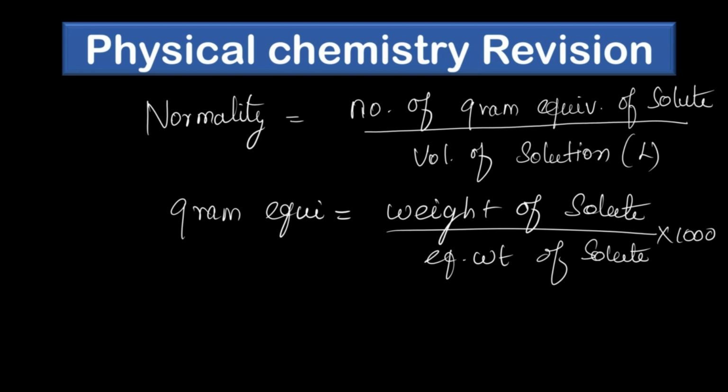Okay, if they are asking for milli equivalents, you can put 1000. If that is just for grams, you need not put 1000. So the milli equivalents, the same thing, weight of the solute divided by equivalent weight of the solute into 1000. Here the gram equivalent is not 1000, it shouldn't be added over here.